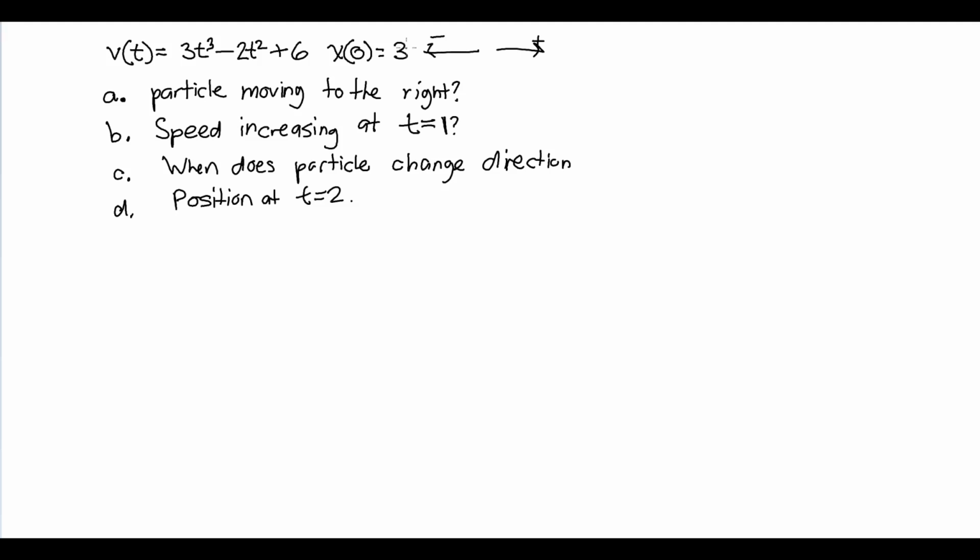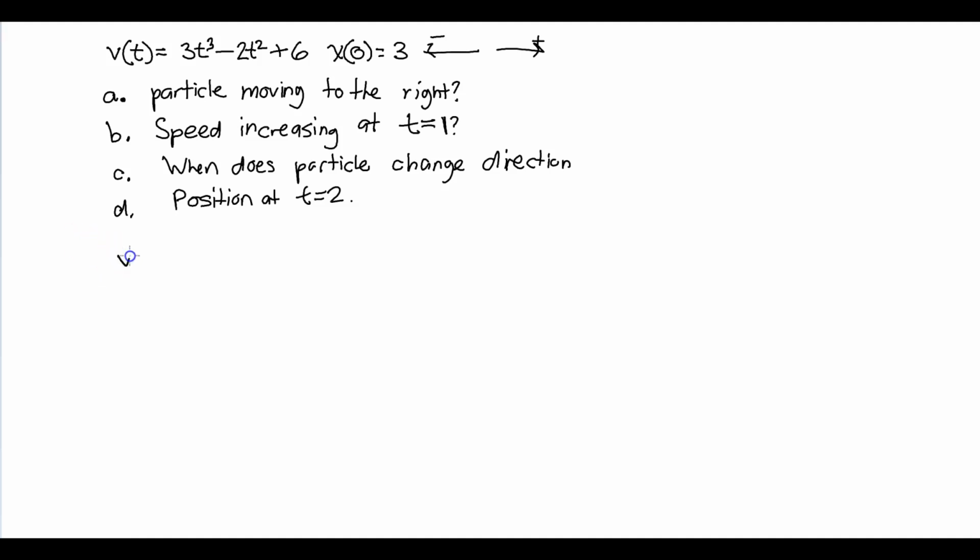If you increase, you go more positive, more and more positive, so you're moving toward the right. Intuitively that makes sense, if you think about what we defined as right and left, positive and negative. So we just need to find an interval where v of t is positive.